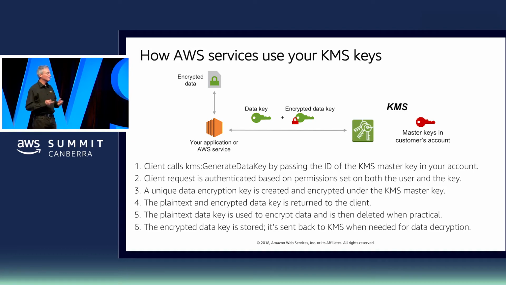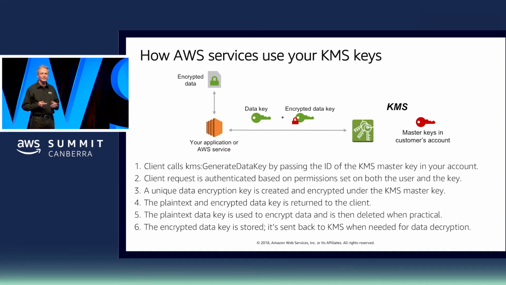So the first thing: the service has some data and it wants to encrypt that data. So it makes a call out to the KMS service. That's an API call with AWS, so as with all of our APIs, it's authenticated and authorized. You have to be authenticated and authorized to use that KMS service.